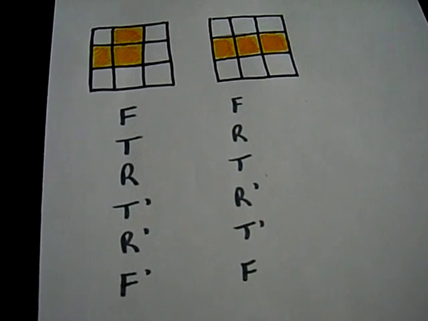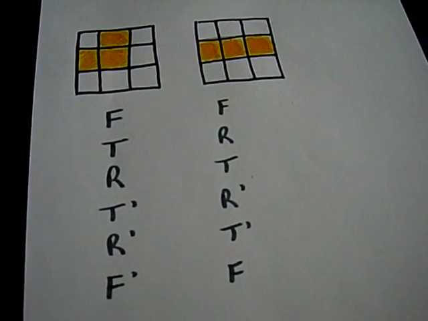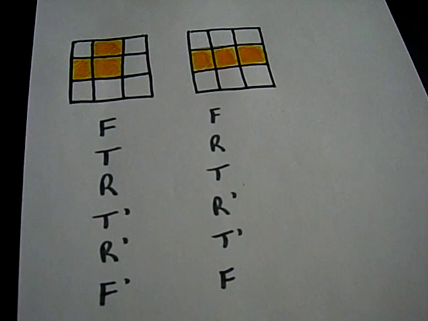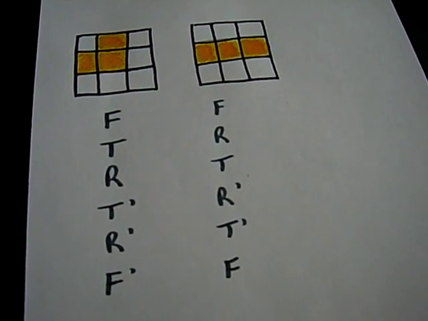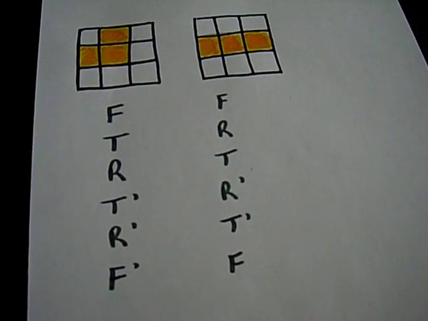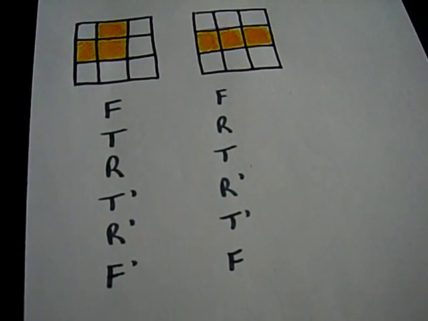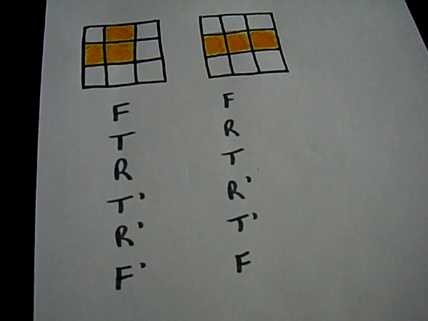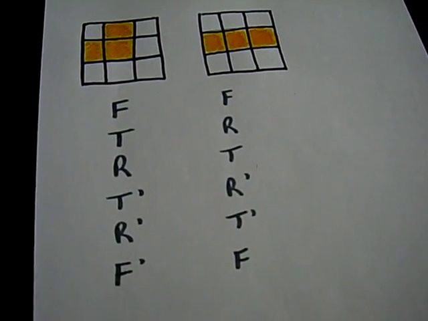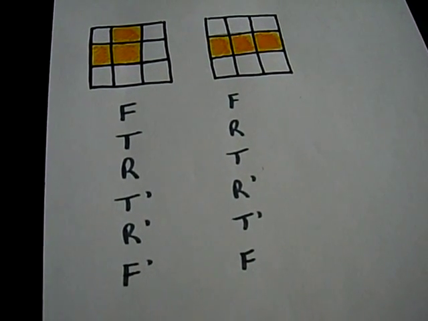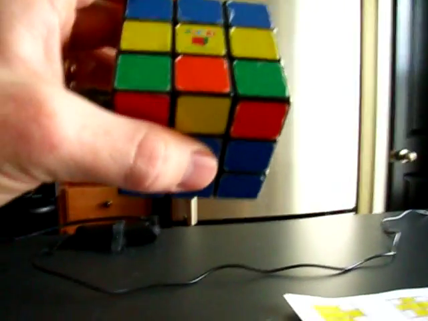A letter by itself means that you turn it clockwise. The little apostrophe after the letter means that you would turn it counterclockwise, which I'll say inverted. F for front or face, T for top, R for right, and that's pretty much it.